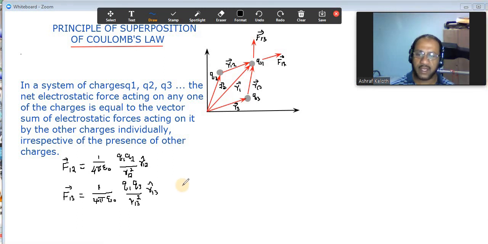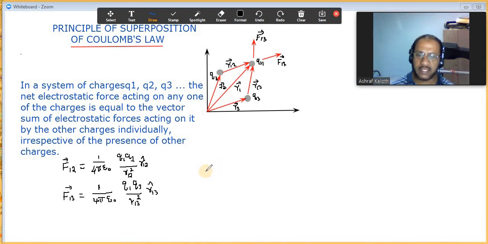Finally, the net force acting on the charge Q1 because of these two charges can be written as, if F1 is the net force acting on Q1, the vector sum of F12 plus F13.